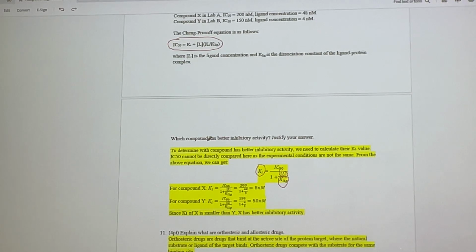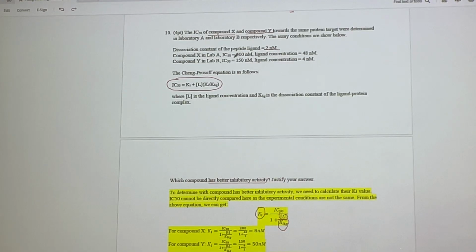When you think about which one is a better inhibitor, you can't just look at the IC50, because as we have learned in class, the IC50 strongly depends on how you do the experiment, how much ligand you put in the experiment. So it cannot be directly compared.